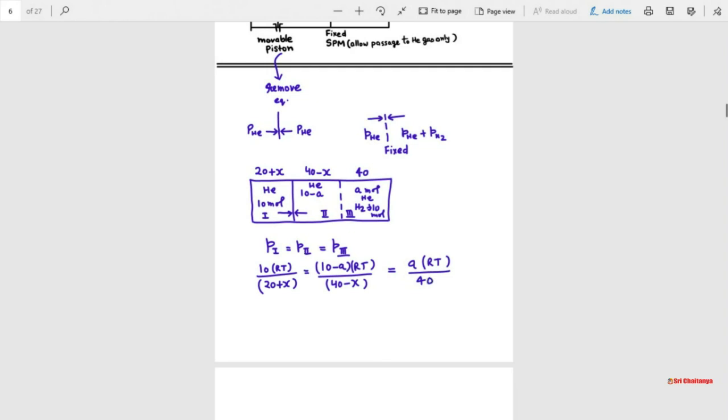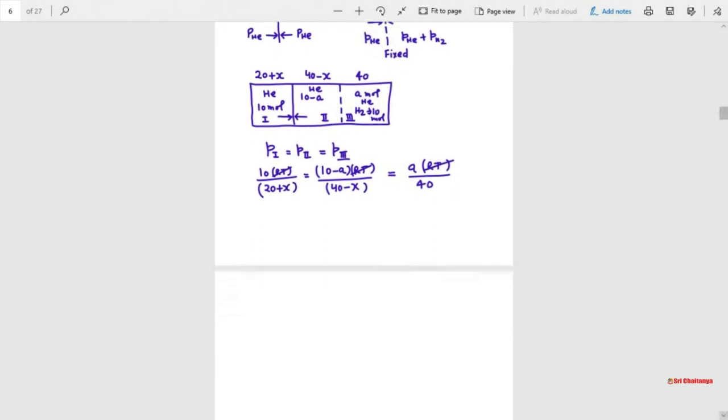So here RT is common, that will cancel out. So using this, we can make some equations. Suppose I use the first relation and the third, because both are equal, from there I can write 10 upon 20 plus x is equal to A upon 40.